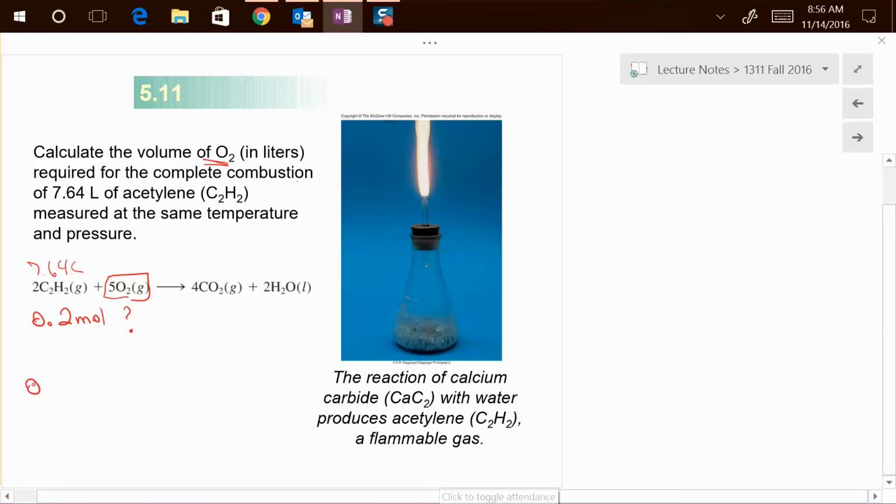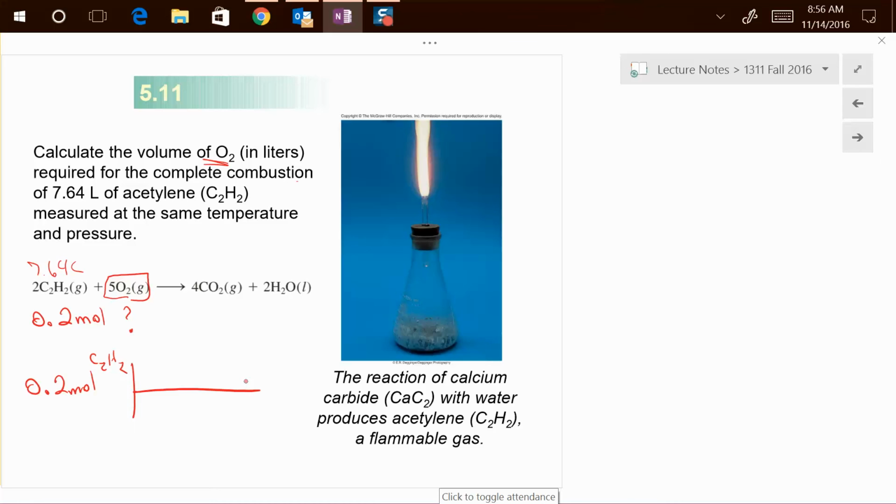How would you figure that out? You would start with 0.2 moles of C2H2, and you would convert it to what? If I went to grams, I'd actually be working backwards. It'd be counterproductive, because it's already in moles, I can go straight from the moles of C2H2 to the moles of the other thing.